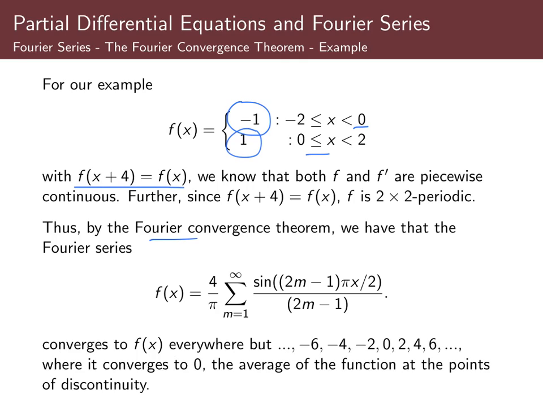And thus, by the Fourier convergence theorem, our Fourier series that we computed in the last lecture will converge to f everywhere but at the points of discontinuity, which just happen to be these even integers. And at those even integers, it converges to 0, which is the average of the function at those discontinuity points, right? So the average of negative 1 and 1 is 0.